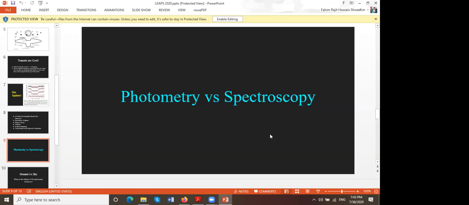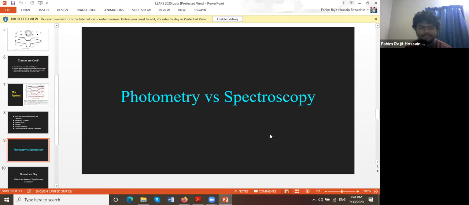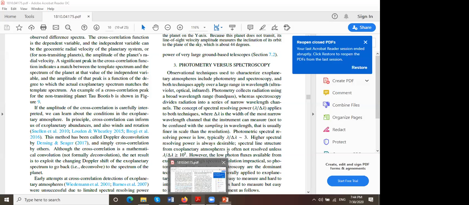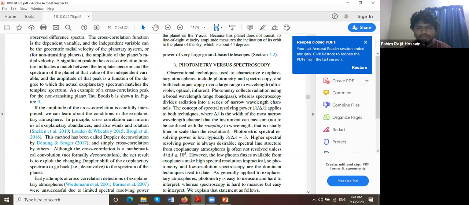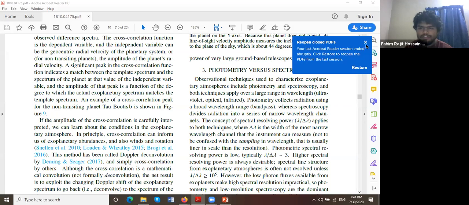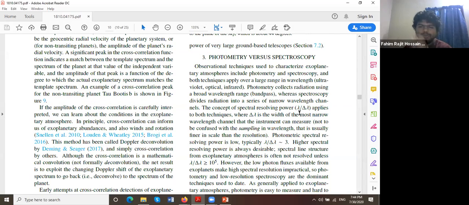Spectroscopy. Yeah. Okay. So this paper also mentions why this is the case, which method we should prefer. The paper mentions that photometry is useful, and we can do lots of things using it, as it collects radiation using broad wavelength ranges.